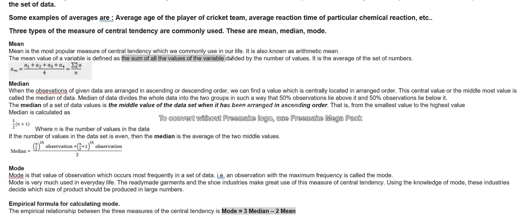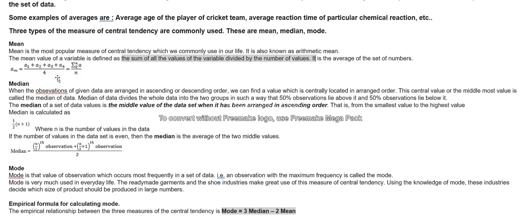That is, the sum of all observations divided by the total number of observations is known as the mean. It is the average of the set of numbers. When you add all the numbers and divide by the total number of observations, you find the mean.